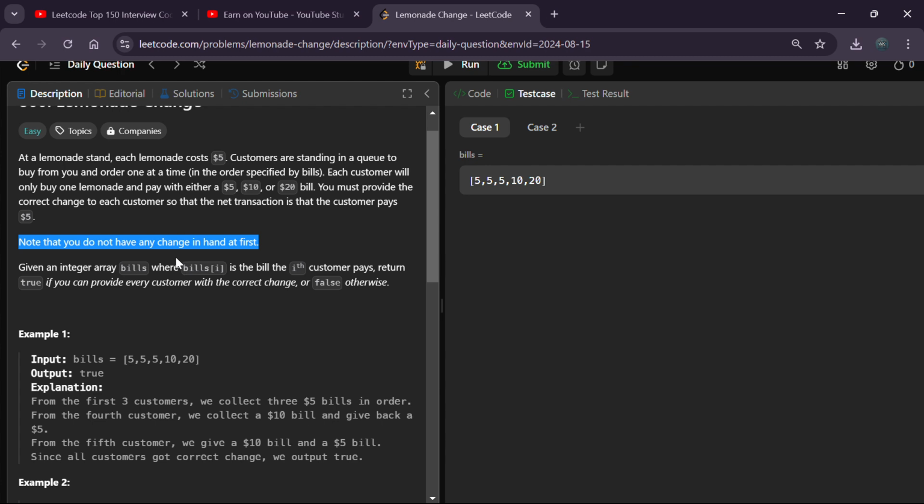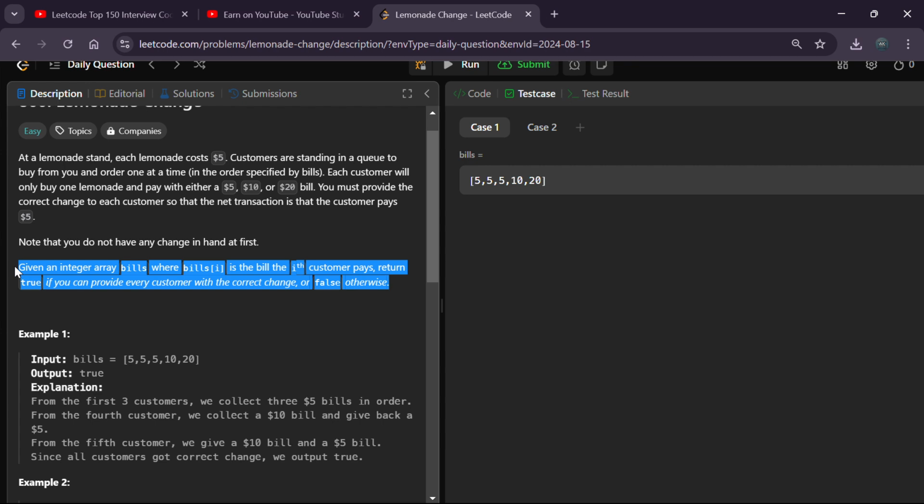Now, given an integer array bills, where bills[i] is the bill the ith customer pays, return true if you can provide every customer with correct change, or false otherwise. The question is, can you make all the given transactions successfully? When do you fail?